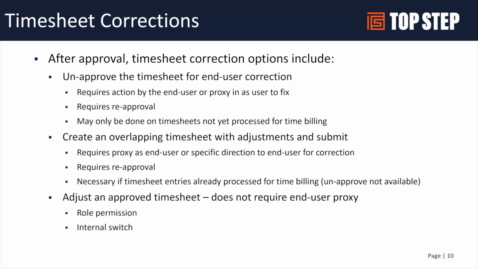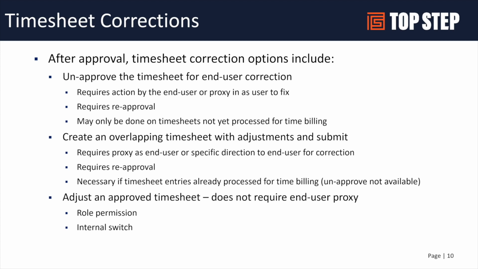If they've changed hours, it will require a reapproval. If the hours are the same, and maybe they just changed tasks, it will simply go back to approved. You can only do this, obviously, if nothing on the timesheet has been run through a billing rule.